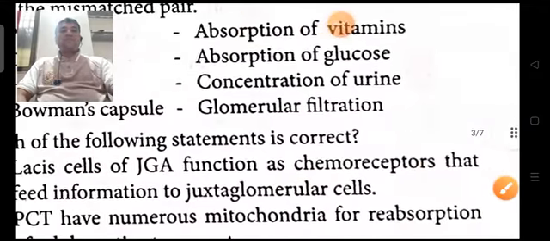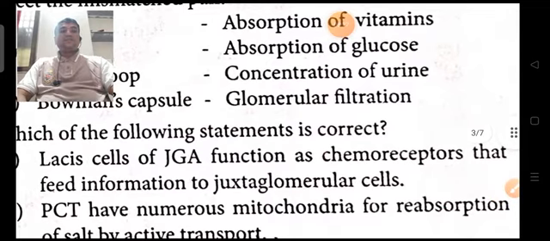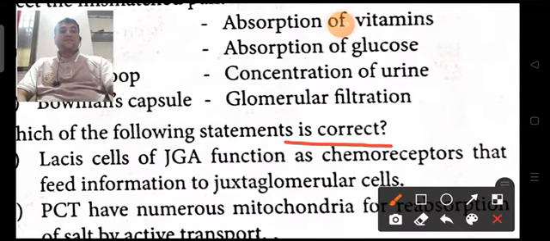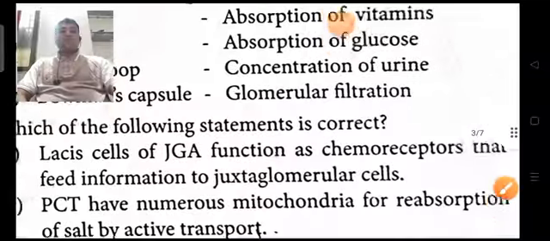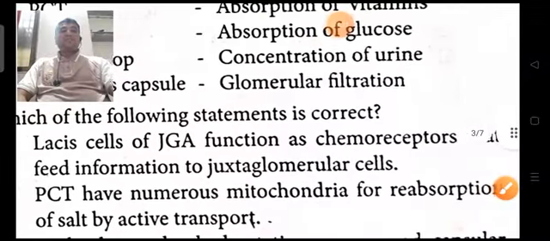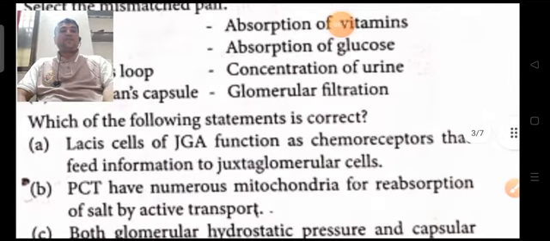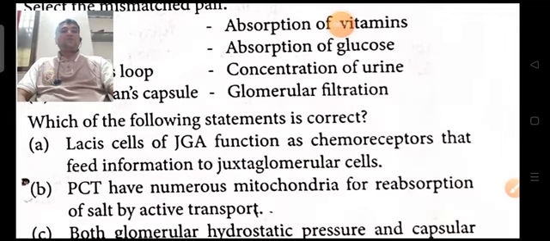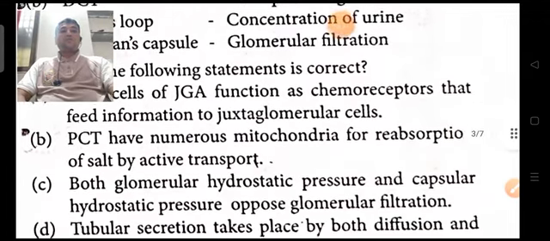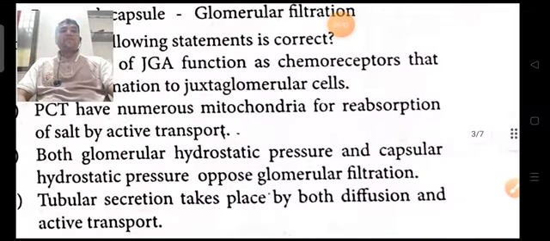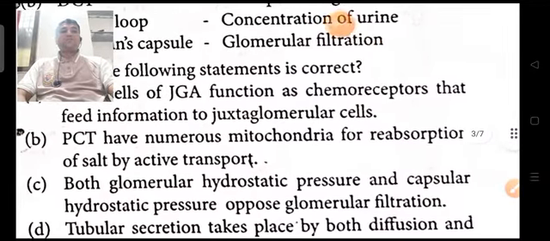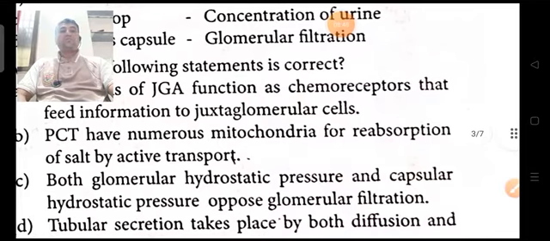Next, which of the following statements is correct? Lacis cells of JGA function as chemoreceptors that feed the juxtaglomerular cells. PCT have numerous mitochondria for reabsorption of salt by active transport.